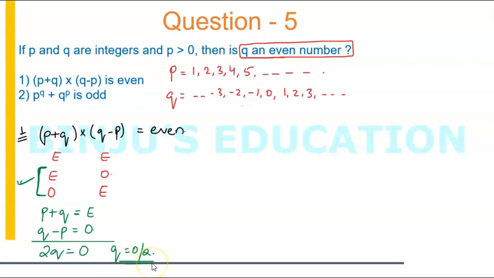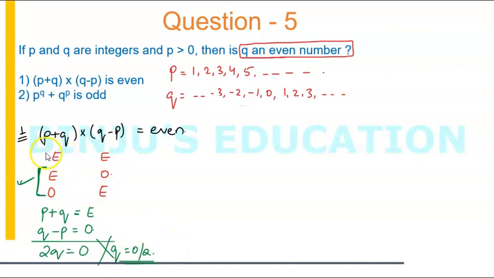Now, is it possible for us to have Q as odd by 2 where it is given that P and Q are integers? No, it's definitely not possible, because odd by 2 will be a decimal value like 0.5. So the second and third conditions will not satisfy.